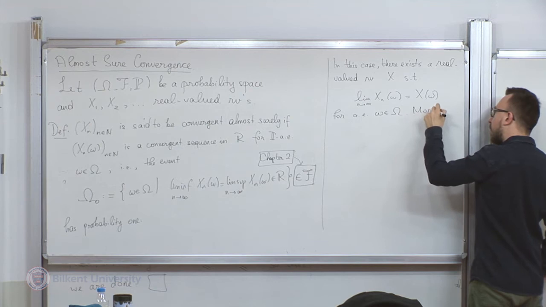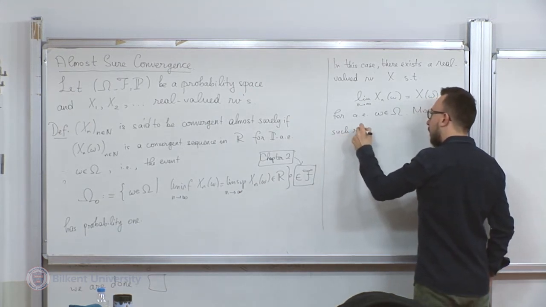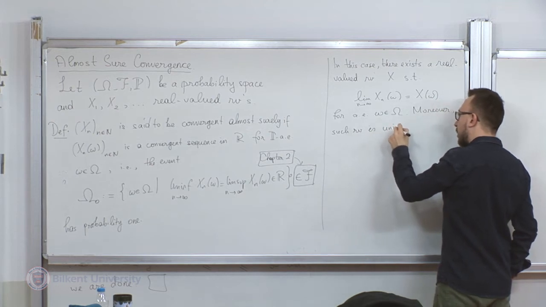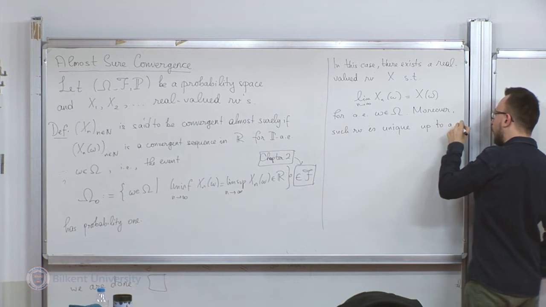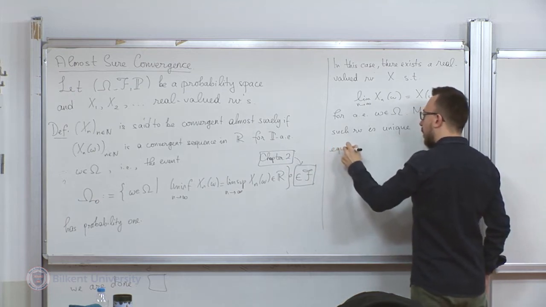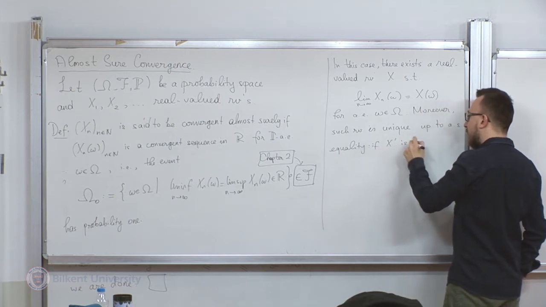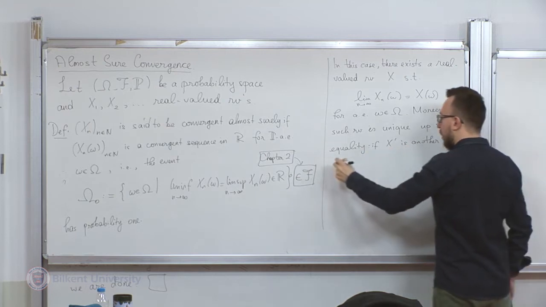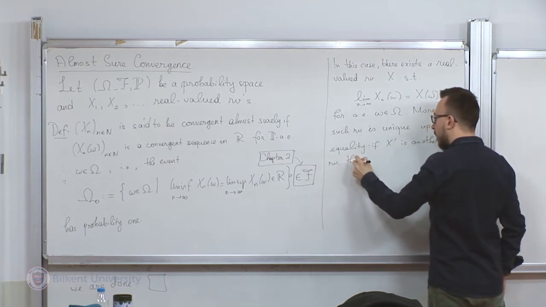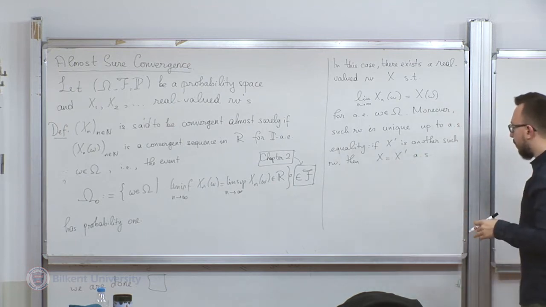Moreover, such random variable is unique up to almost sure equality, meaning that if x prime is another such random variable, then x and x prime are equal almost surely, namely with probability 1.